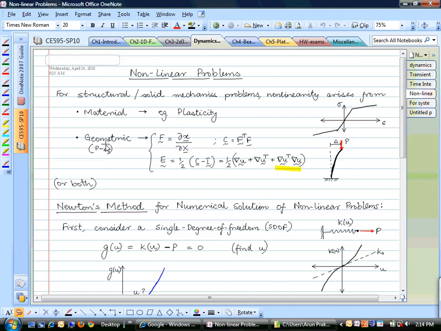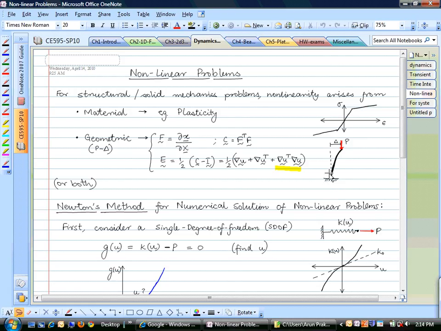Okay, but as opposed to nonlinear material behavior, you can also have geometric nonlinearity. Commonly in civil engineering or structural engineering, we refer to this as the P delta effect. And what does that mean? If you have a column with some sort of an eccentric load, you design that column for the moment that is produced due to that eccentricity.